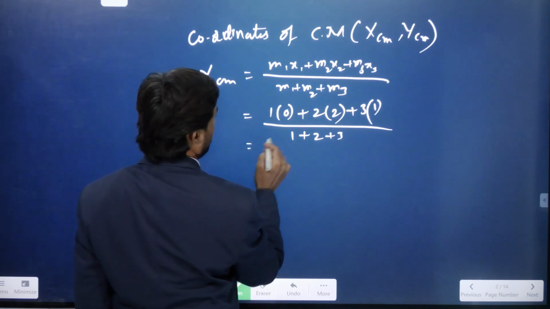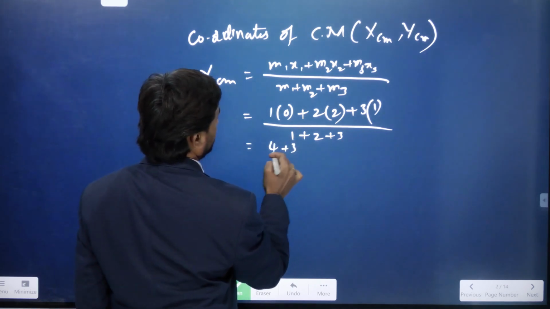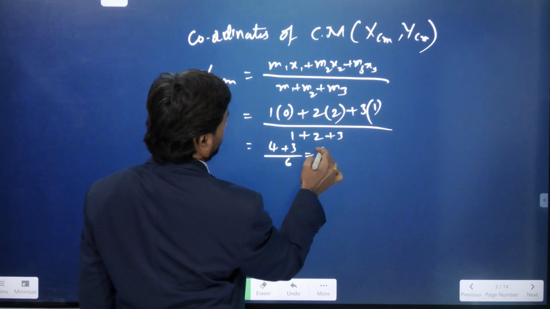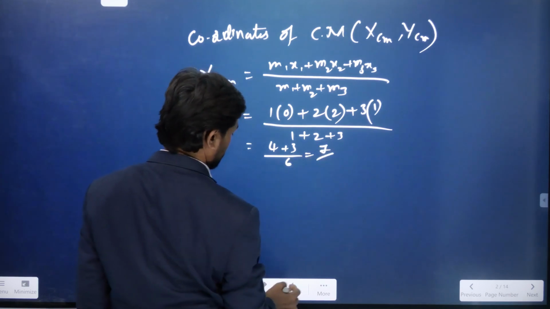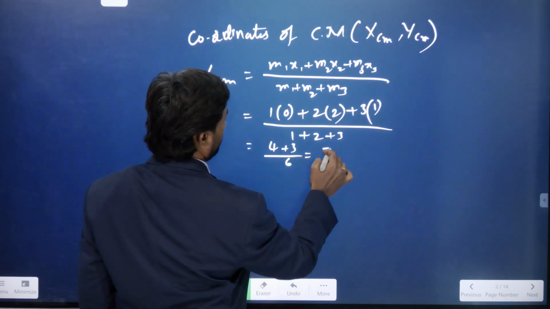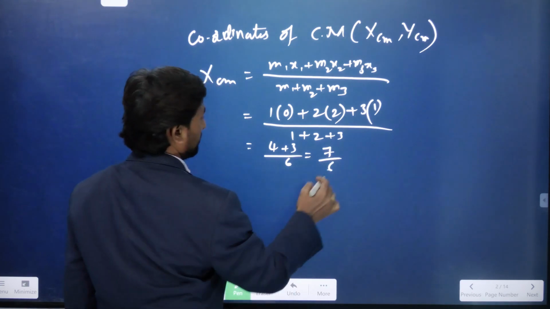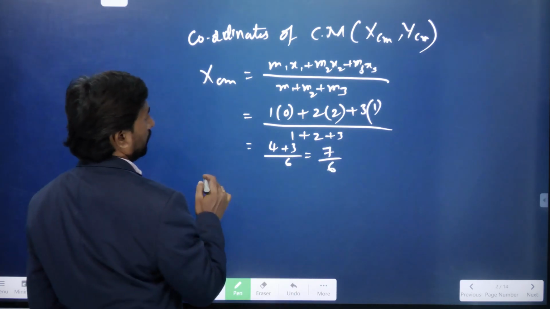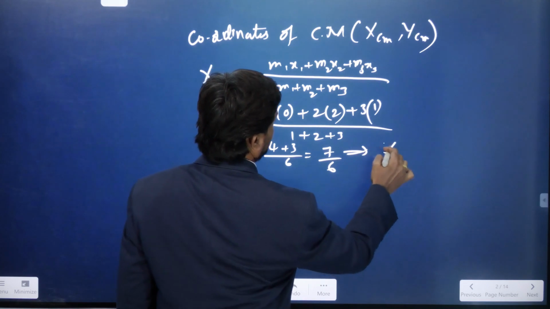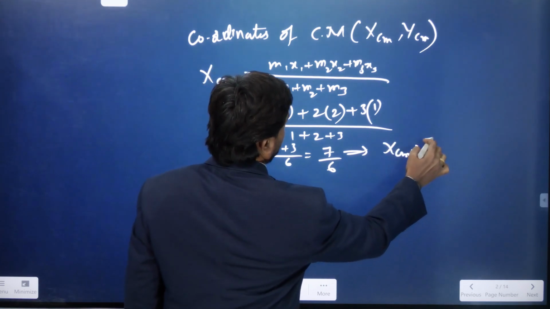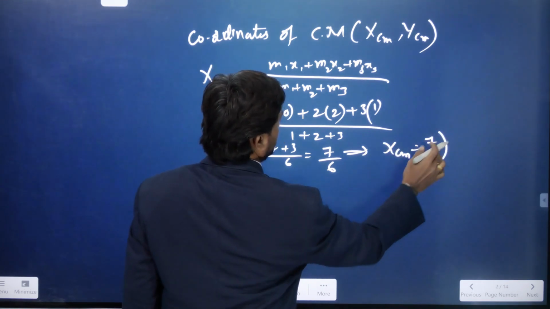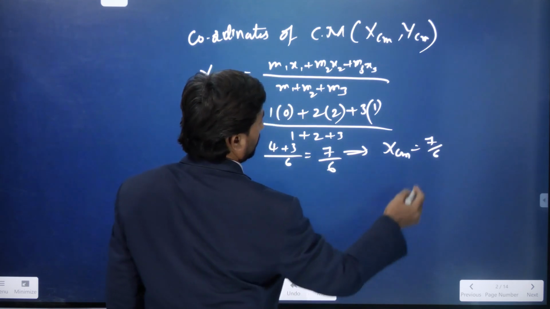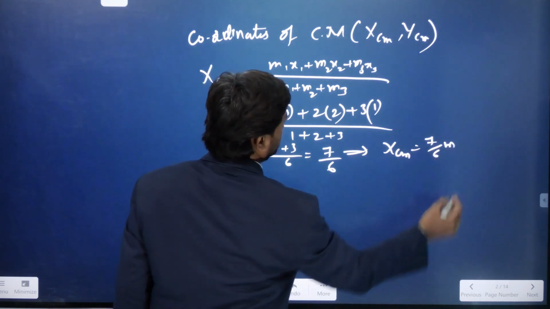So how much do we get here? This is 4 plus 3 divided by 6, so we get 7 by 6. Therefore xcm is equal to 7 by 6 meters.